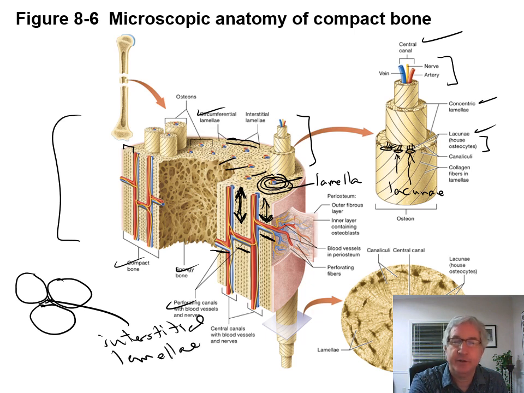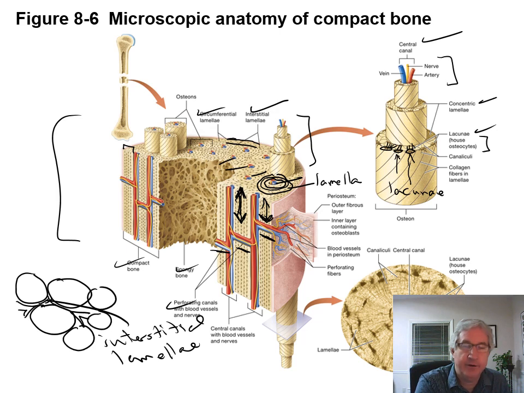So that's what this is describing up here. So interstitial lamellae is the stuff that's between those, and so you can have interstitial lamellae in here, like that, and over here, like this, so that you can have all these round guys all together, all these osteons. And each osteon is going to be like that. I'm not drawing a lot of rings, I'm just drawing a couple of rings in each of these just to give you the idea. Okay.